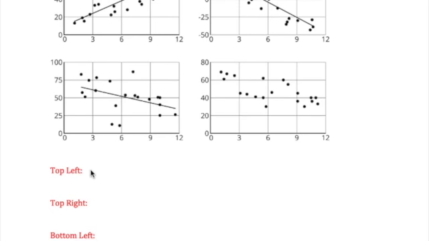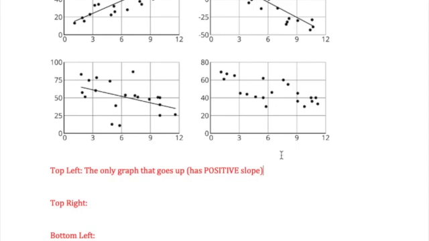So I'm thinking top left. Let's see, so I'm looking at this one, top left, top right, bottom left, bottom right. Well, if I'm looking at the top left one, seems to be the only graph that goes up or has a positive slope. The rest of them, as you go from left to right, like this trend line here goes down, this trend line here goes down.